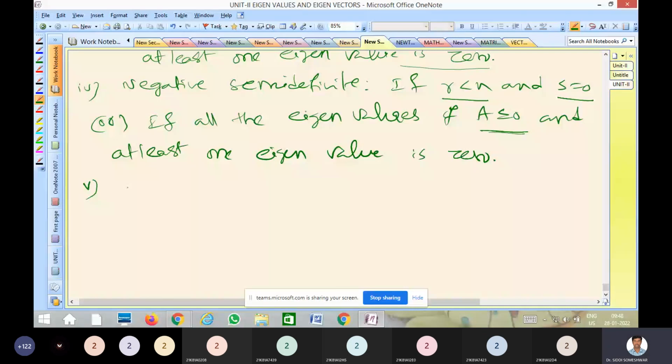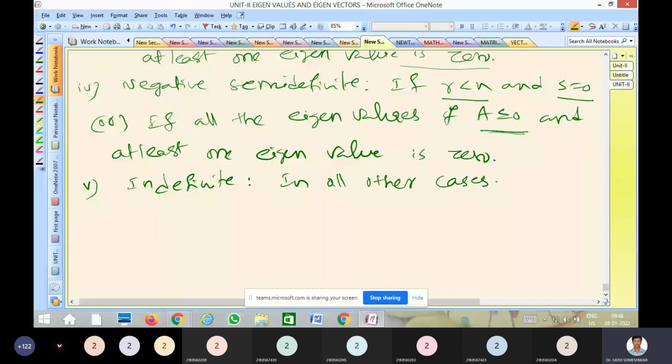Next one is indefinite. This is in all other cases. All other cases means some of the eigenvalues of A are positive and some of them are negative.